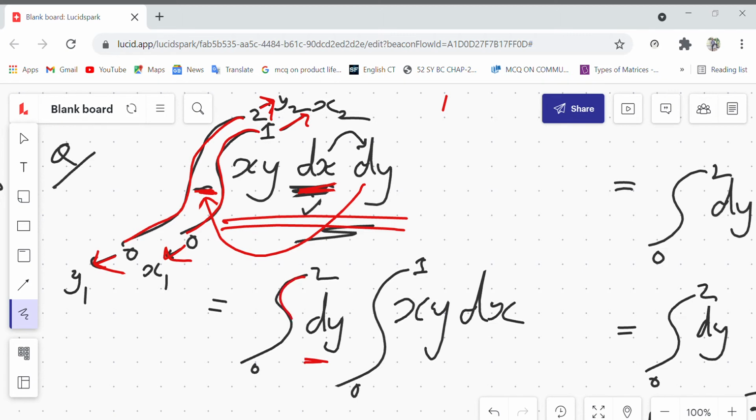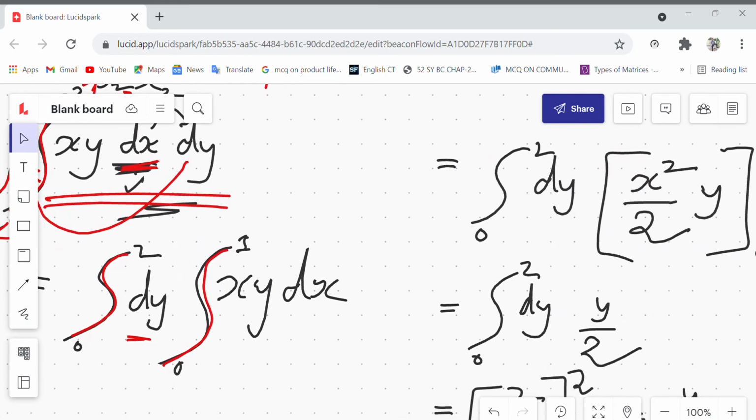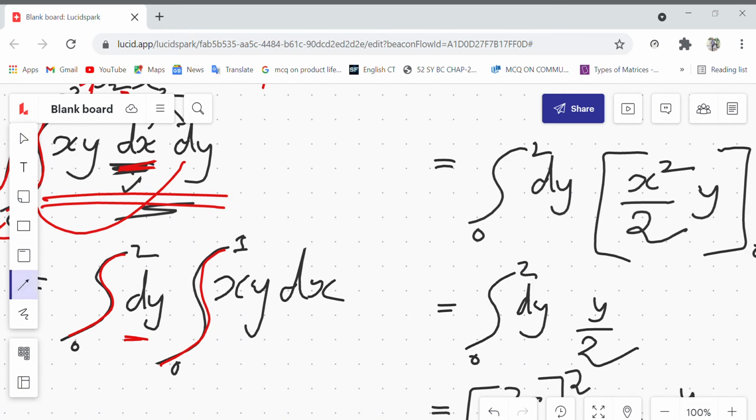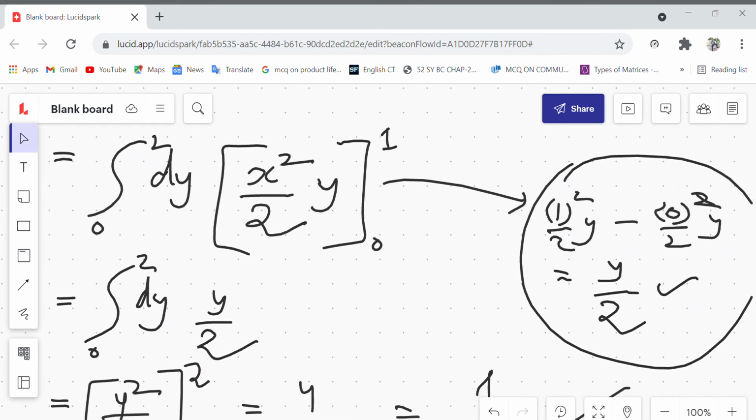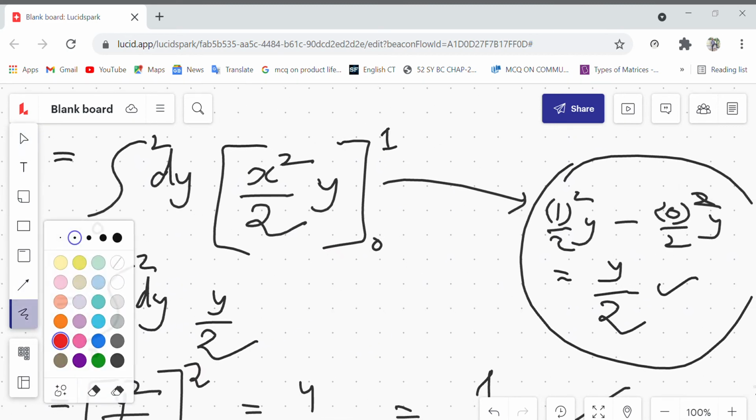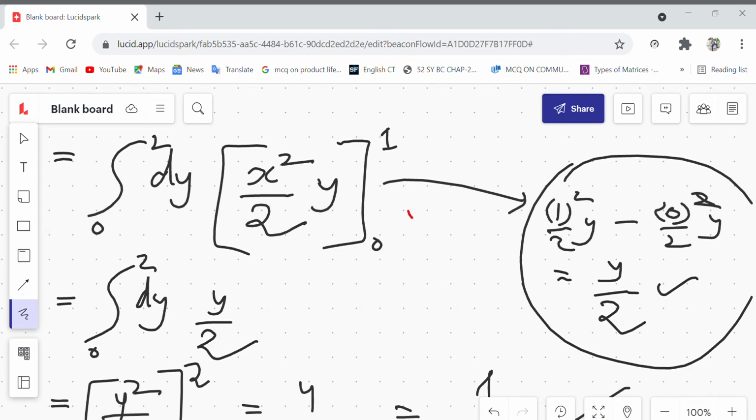Integration 0 to 2 dy. Then we have to integrate xy dx with the limit 0 to 1. Then I proceeded. We have to first integrate this one. So I integrated this. This is the first step.